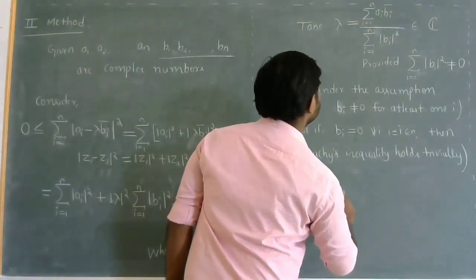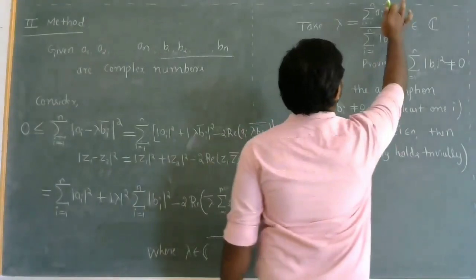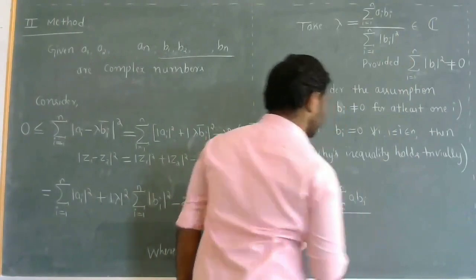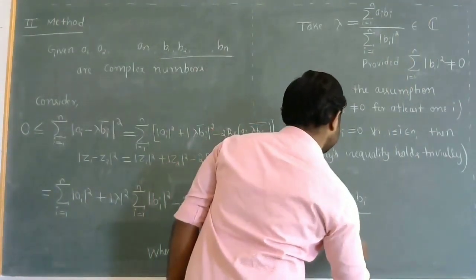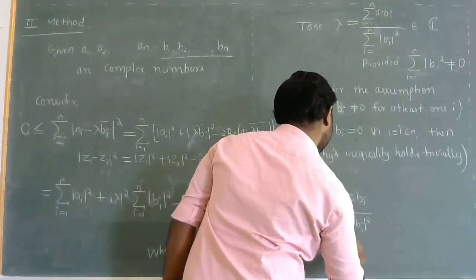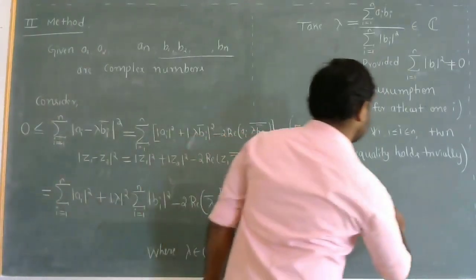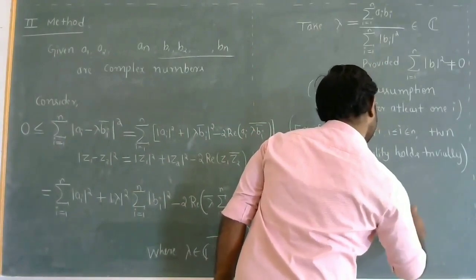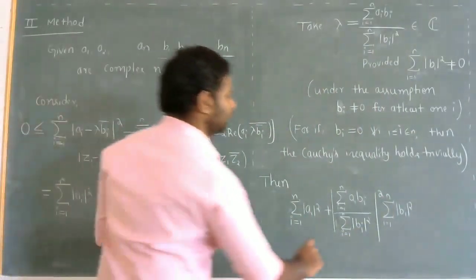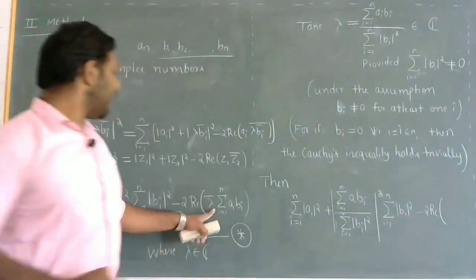So it will be modulus of summation ai bi, i running from 1 to n, divided by summation modulus of bi whole square, i running from 1 to n, whole square, into summation modulus of bi whole square, i running from 1 to n, minus 2 into real part of lambda bar.